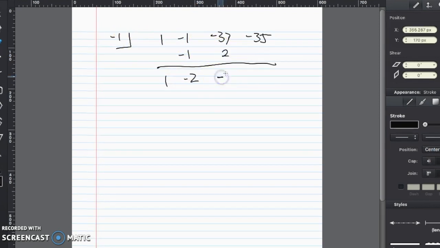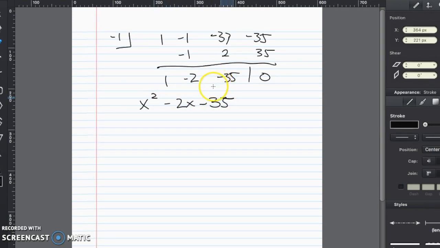This is -35. -35 times -1 is +35. And just like I expected, there shouldn't be any remainders. If you get a remainder, you did something wrong in here, or this isn't one of your x-intercepts. So that's a good way to double check. So this is equal to x squared minus 2x minus 35.